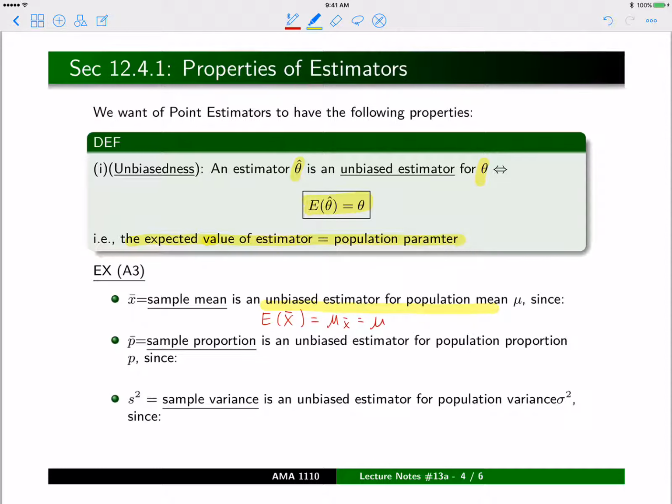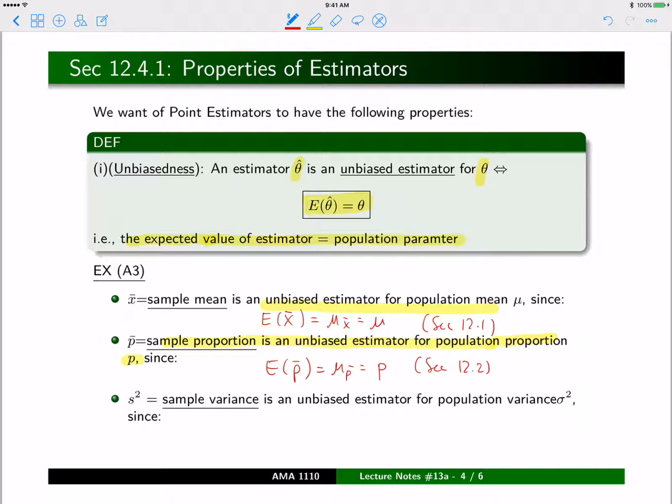Also, the sample proportion is an unbiased estimate for the true population proportion p, since the expectation of the sample proportion is just equal to the population proportion. This is from section 12.2. The sample mean result is from section 12.1.